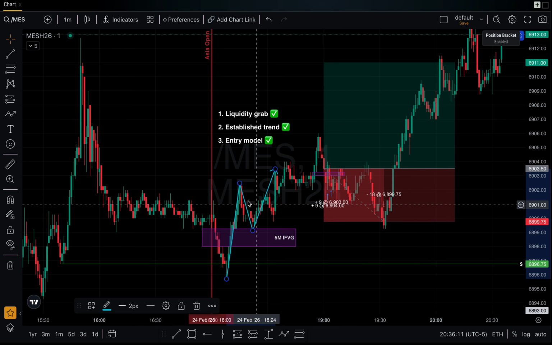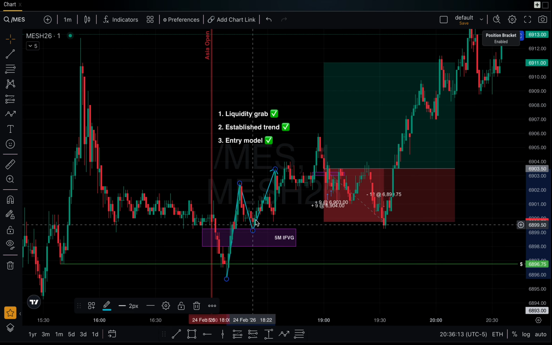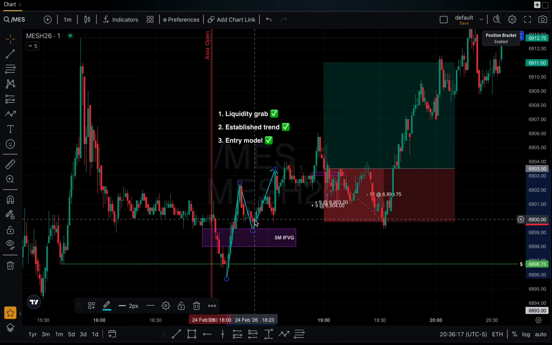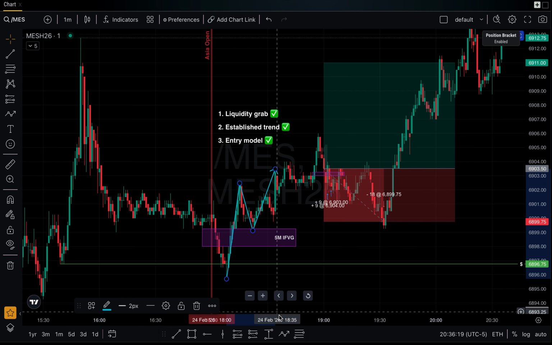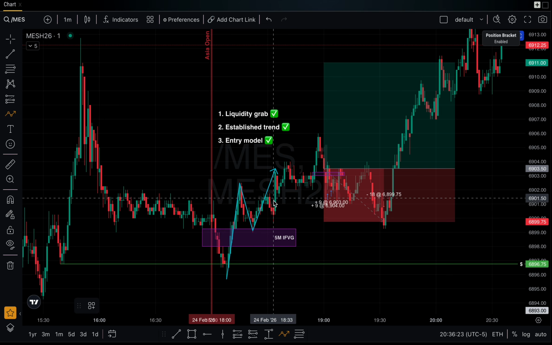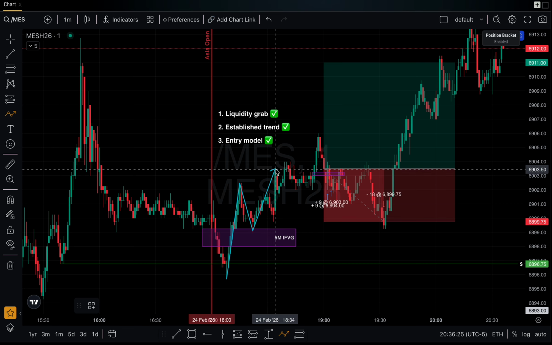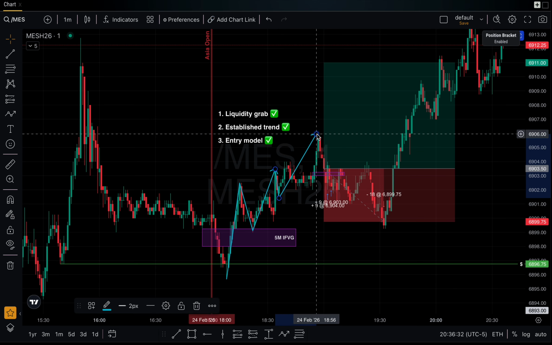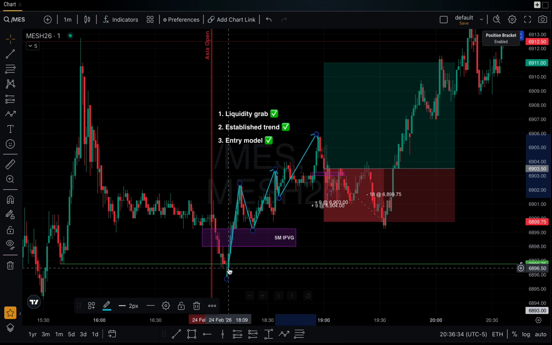Because this was one setup that had you placed your bets on it, it would have played out. We don't trade the first one, but we use it as information. And then after that, we created another fair value gap right here. You can see on the 1 minute, we had a pullback, a small pullback into it, and then again, further expansion. So we respected 2 bullish setups after liquidity grab.